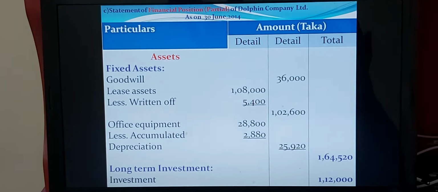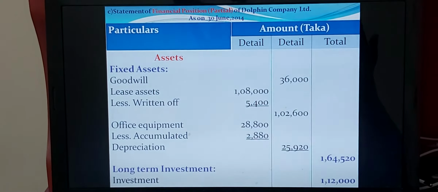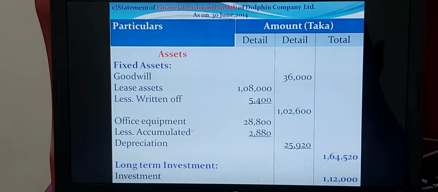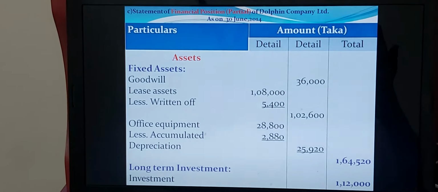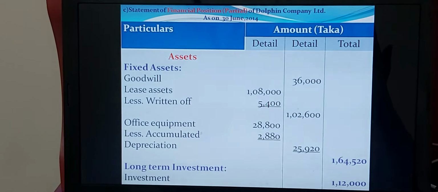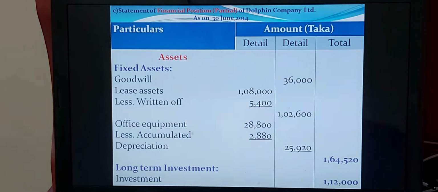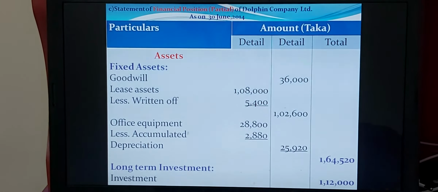Statement of financial position, that is partial position of Dolphin Company Limited as on 30 June 2014. We know financial position has 2 parts: assets side and capital and liability side, but you are required only the asset side. So this financial position is called partial financial position.